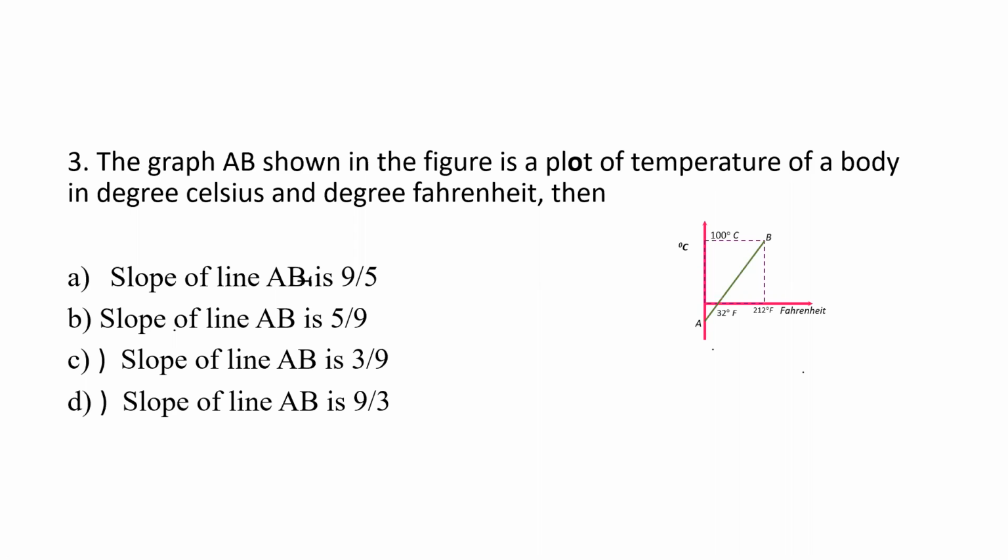Then the options: option A, slope of line AB is 9 by 5; slope of line AB is 5 by 9; slope of line AB is 3 by 9; or slope of line AB is 9 by 3.